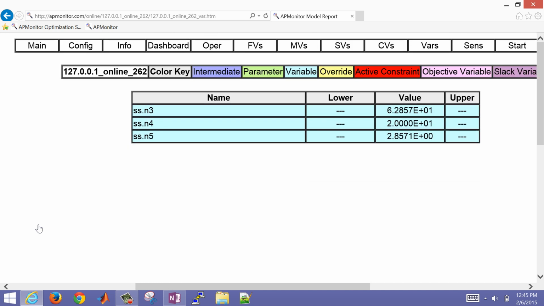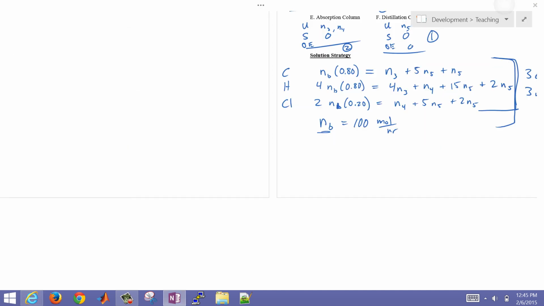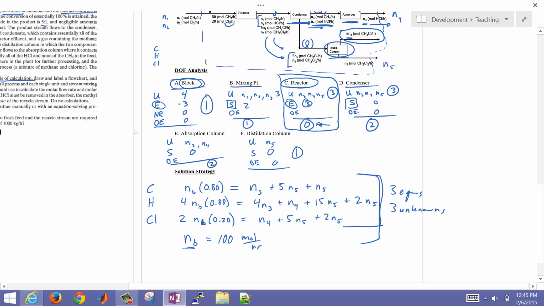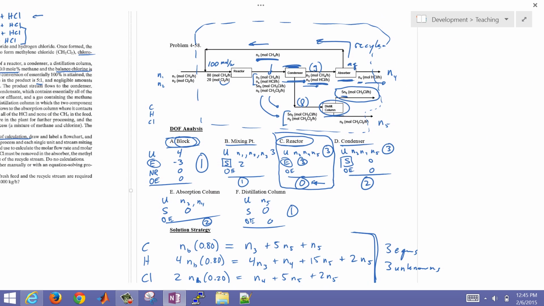Okay, but if you remember, we had a couple additional variables, we also wanted to find N1 and N2 as well. So in order to do that, let's just do our mixing. Okay, so we had 1 degree of freedom before, but now we know N3.